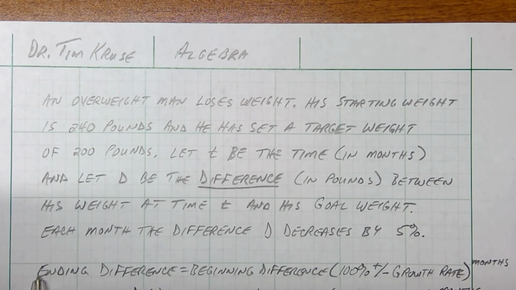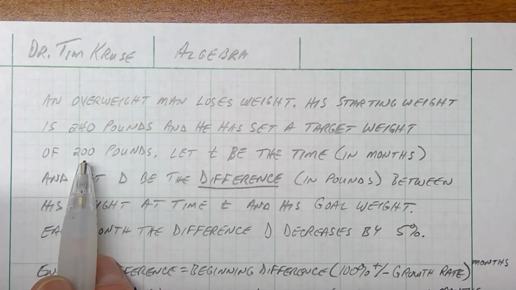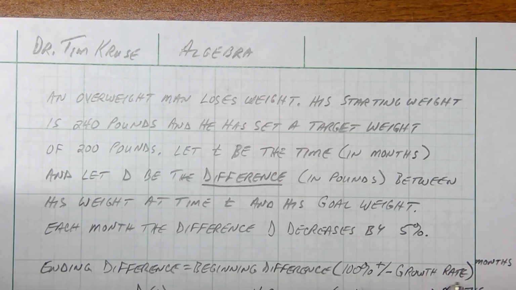So my ending value, in this case my ending difference, that's the difference between what he wants to weigh and what he actually does weigh, is the beginning difference times 100% plus or minus. This one's going to be minus because it's decreasing by 5% raised to the time.